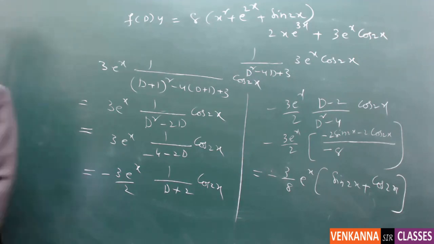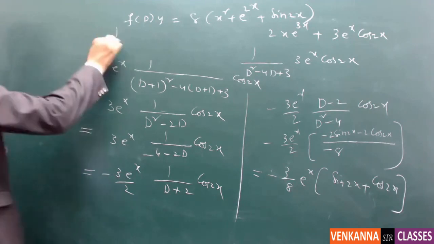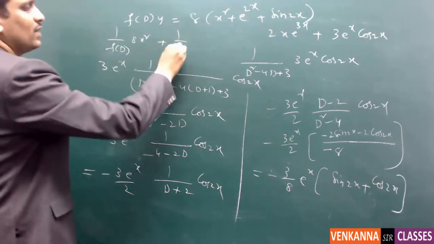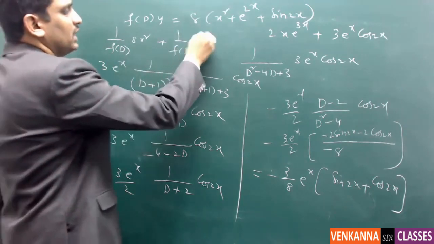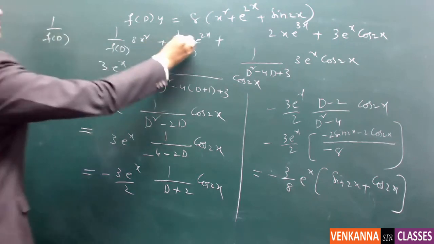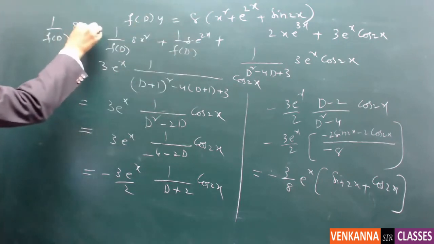So 1 by f of D into 8x square plus 1 by f of D into e power 2x plus 1 by f of D into sine 2x.